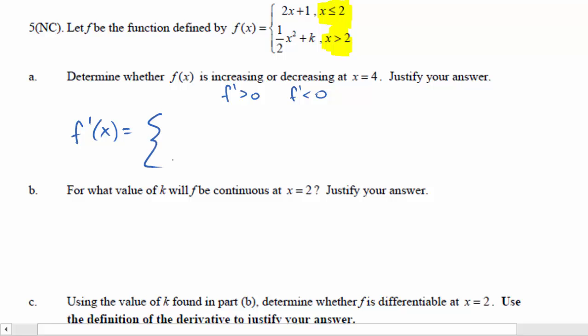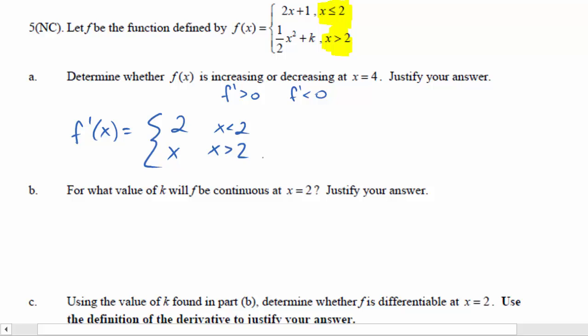Well, the nice thing is with this problem, you can use the power rule on both the top and the bottom function. The derivative of 2x plus 1 is just 2 for all values where x is less than 2. For the bottom, the derivative of 1/2 x squared plus k would just be x for all values x greater than 2.